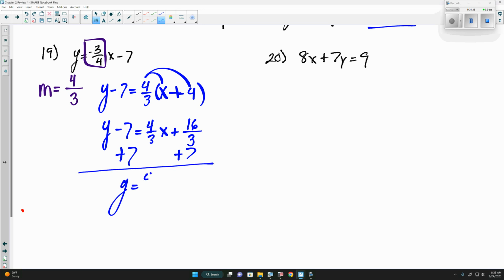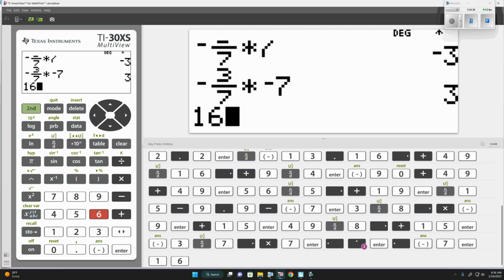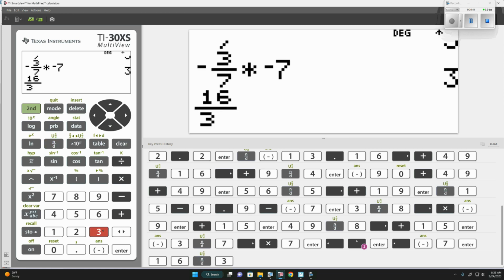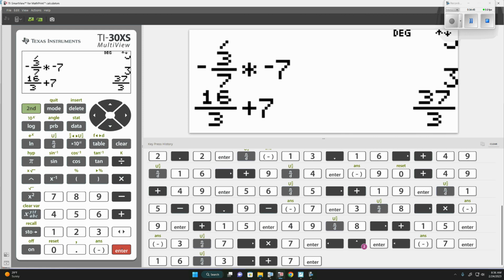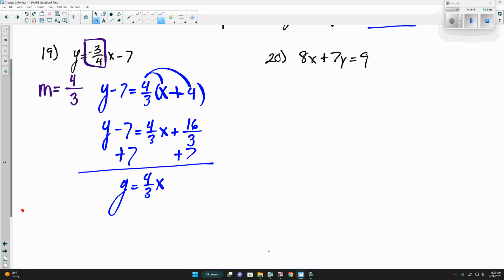And last but not least, we need to add 7 to both sides. So 16/3 plus 7 is 37/3. And that is it there.